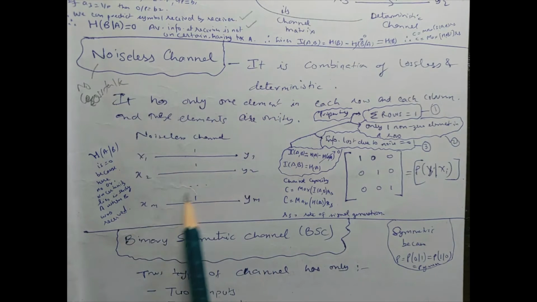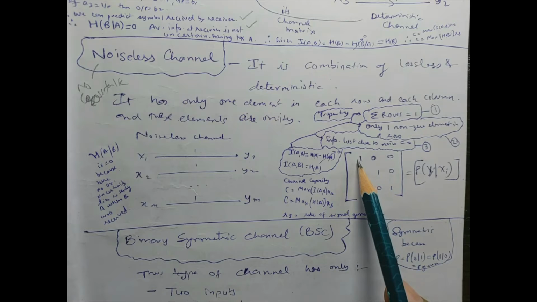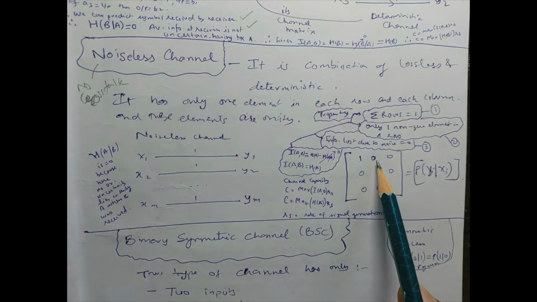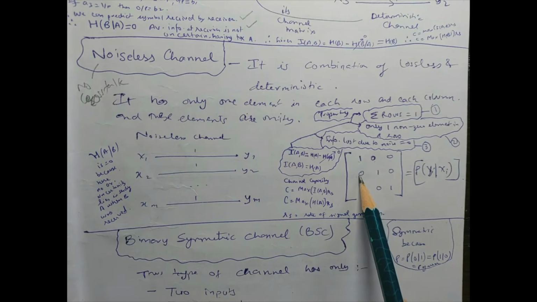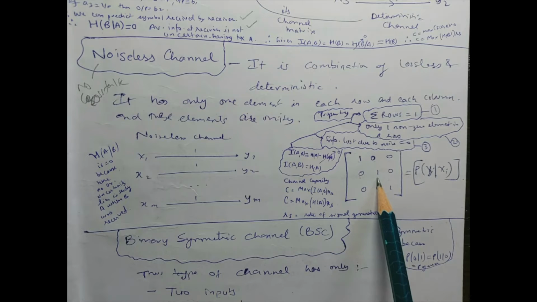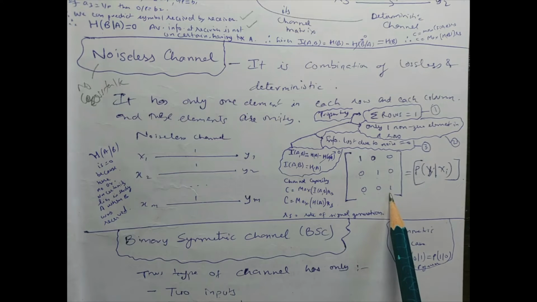If we make this kind of drawing, remember this in our heads, then you can make this out. Probability of y1 due to x1, y2 due to x1, y3 due to x1, y1 due to x2, y2 due to x2, y3 due to x2, y1 due to x3, y2 due to x3, y3 due to x3.